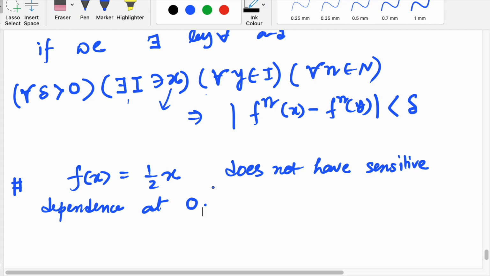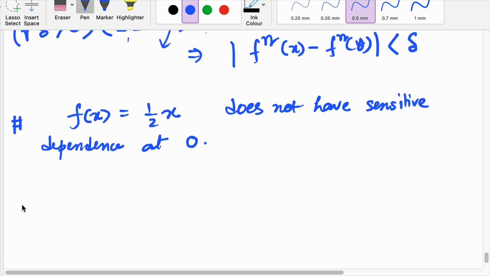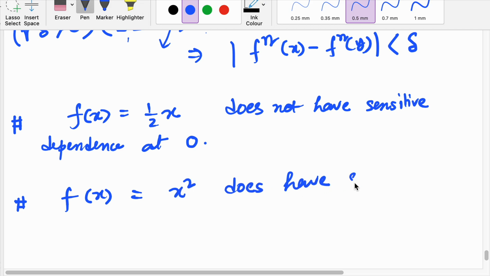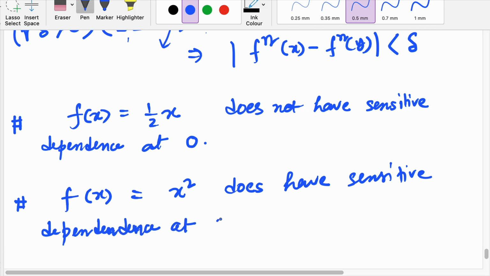And interestingly, we have also seen that the function f(x) equal to x square does have sensitive dependence at x equal to 1.